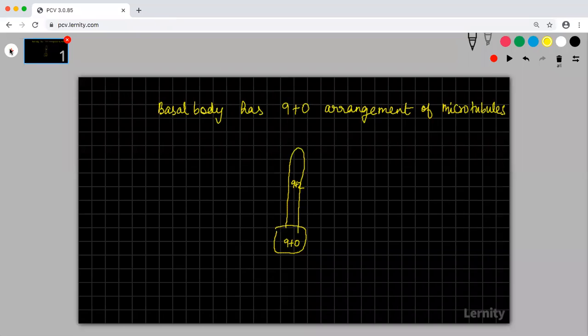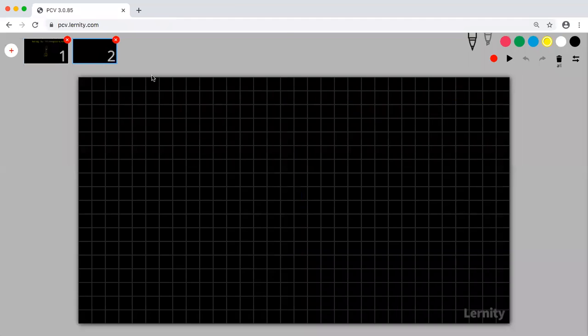If you have written that point, we can move on to the next part. Basal plate and rockets. Basal plate is just an attachment, and the rocket is just an extension.